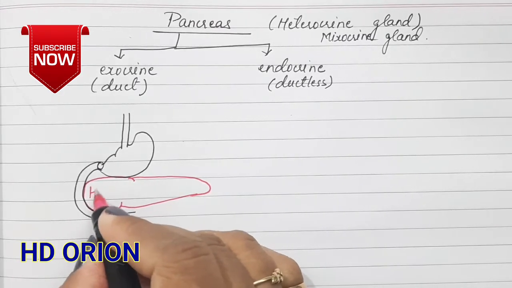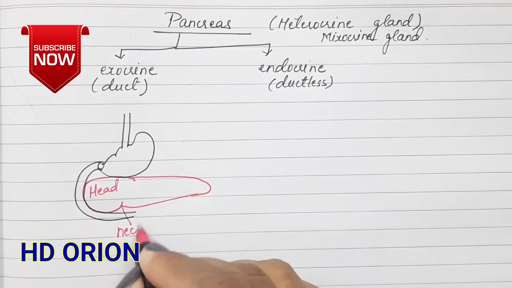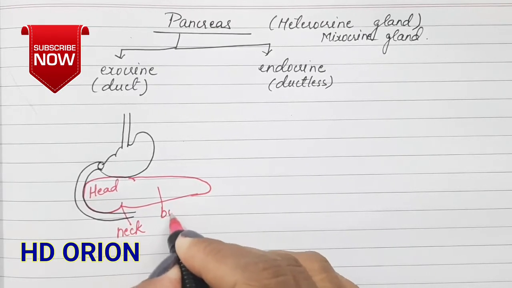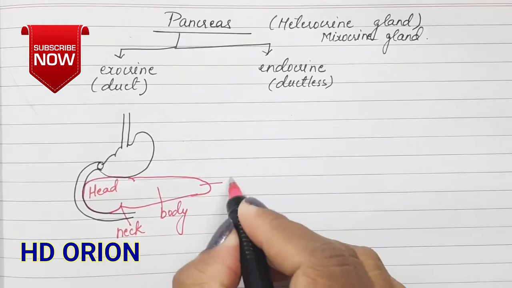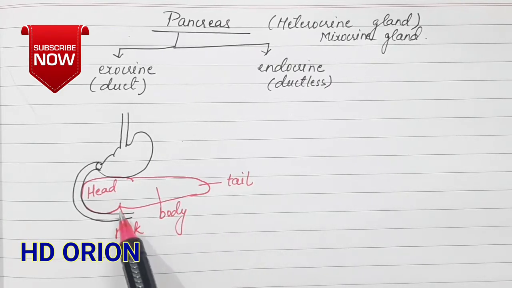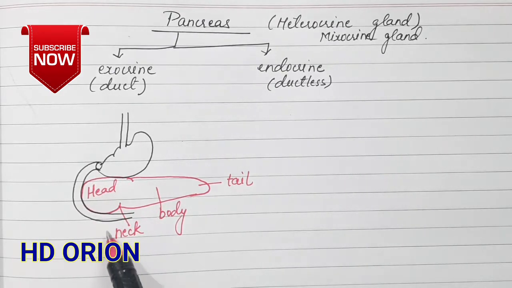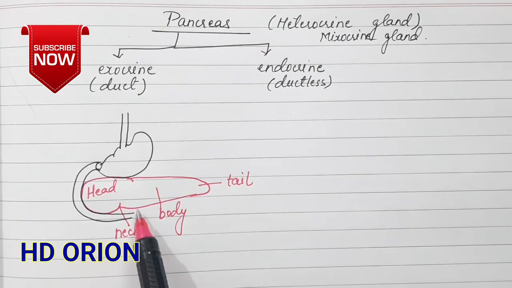This is the head region, and this small depression is the neck. This is the body, and the last projecting portion is the tail. So pancreas is divided into the head, neck, body and the tail. It is present in the abdominal region just below the stomach, and it fits into the loop of the duodenum. So this is the location of the pancreas.